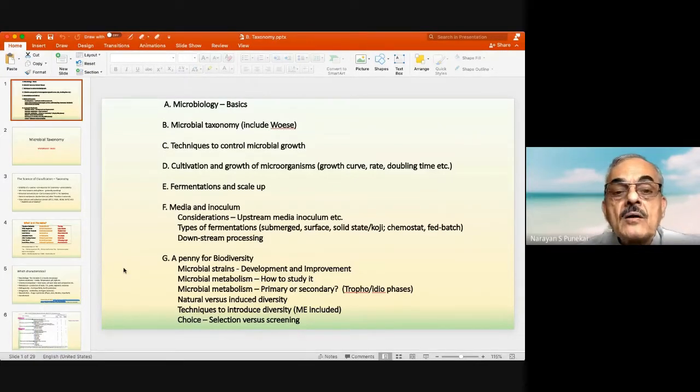What we started on Thursday is just the background, basic. And I thought I will share with you the more or less the contours of this course, the way I'm going to cover microbiology basics, just the fundamentals, and we'll spend a little bit of time on taxonomy. This is important for us.